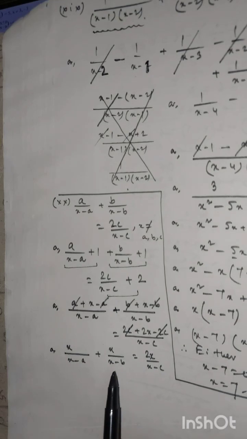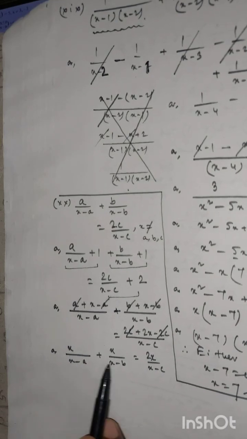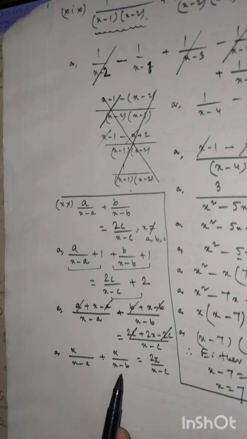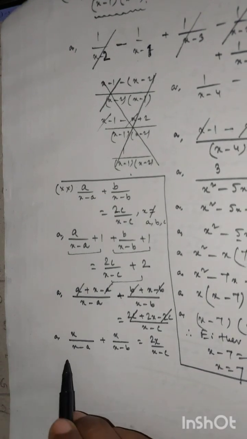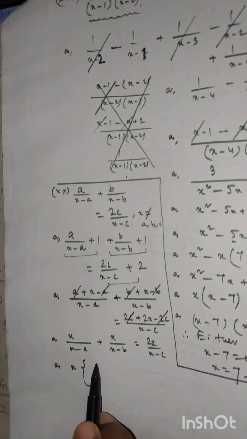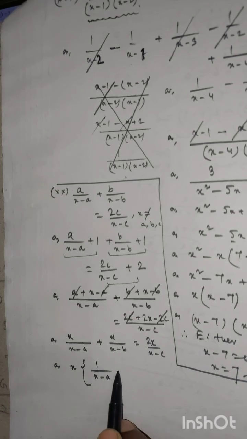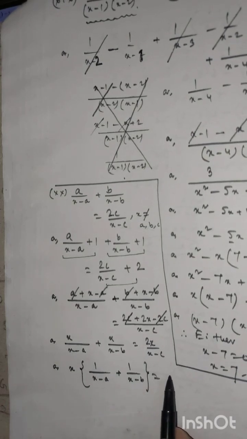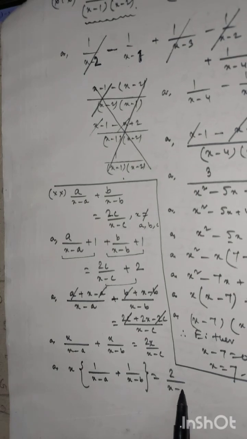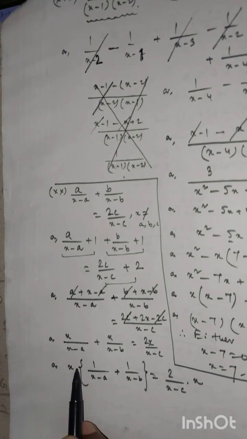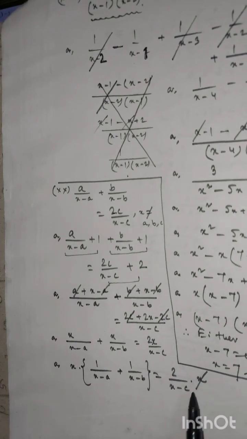So we can take x common from these two quantities, so we can write, and we can cancel x from both.